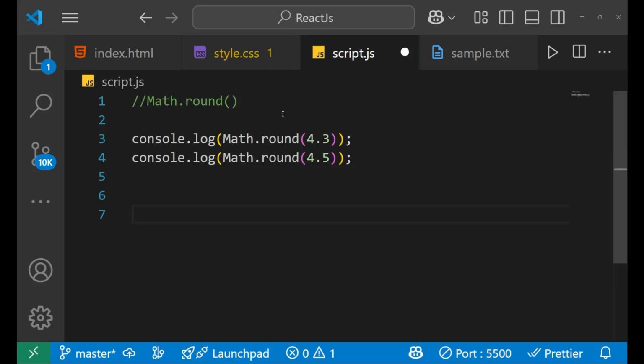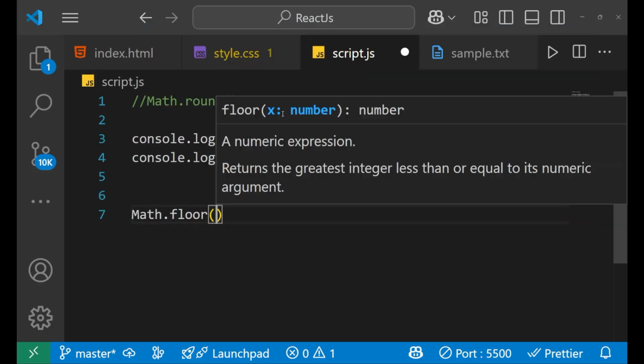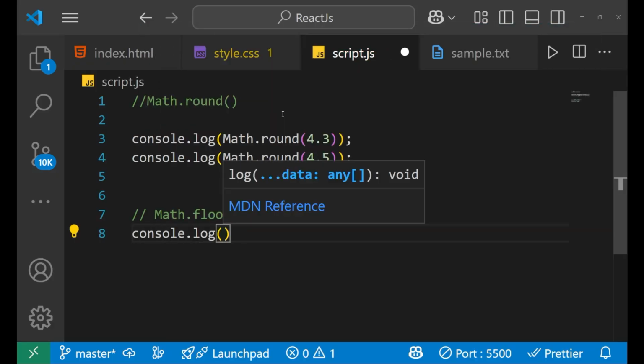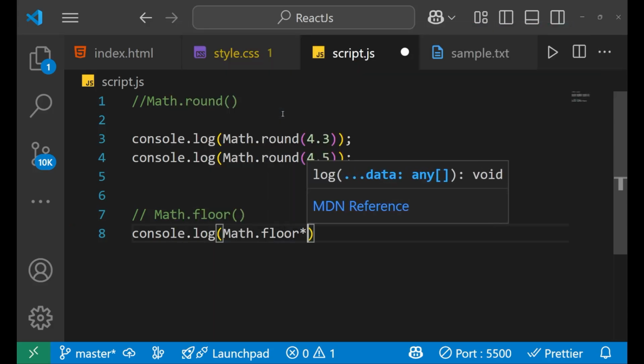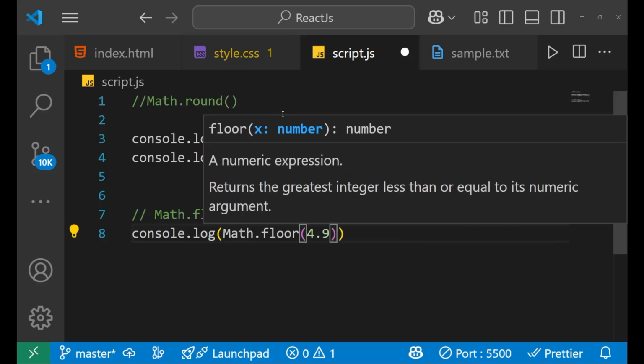Now let's move to the next, that is Math.floor. Math.floor goes to the lower integer, even for the negative also. Let me show you how. Console.log, put the bracket here, and then Math.floor, put a bracket, and inside this bracket I will write 4.9.